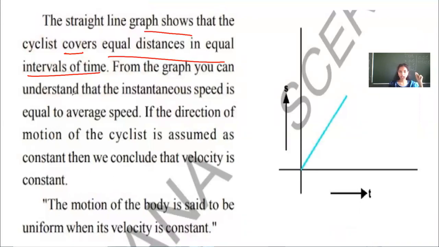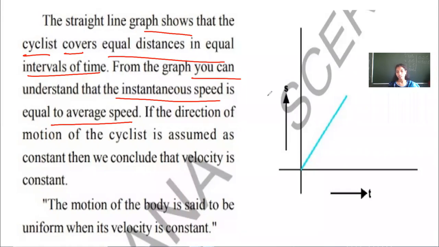Uniform motion means the object covers equal distance in equal intervals of time. Not only a cyclist: when any object covers equal distance in equal intervals of time, we can consider that as a uniform motion. So from the graph, you can understand that the instantaneous speed is equal to the average speed.